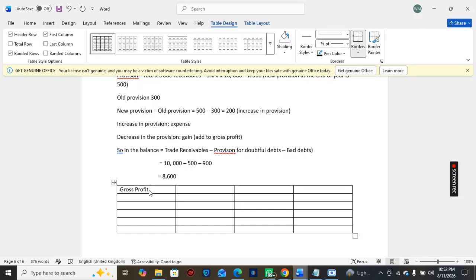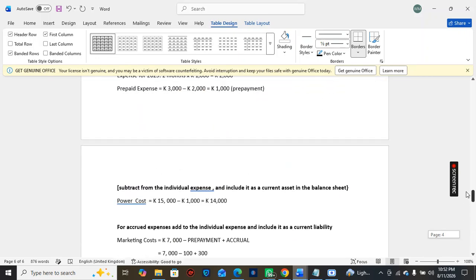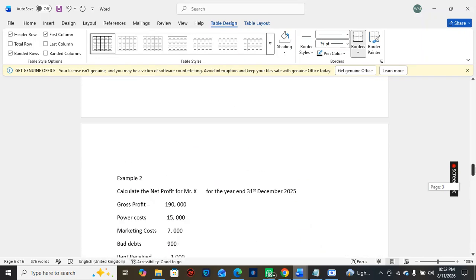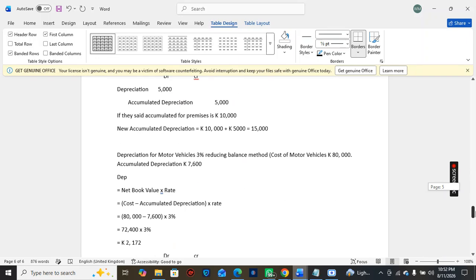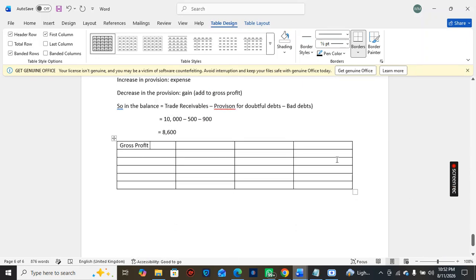So you always start with your gross profit from the trading account. Gross profit 190,000. Then you're going to say add gains or income.